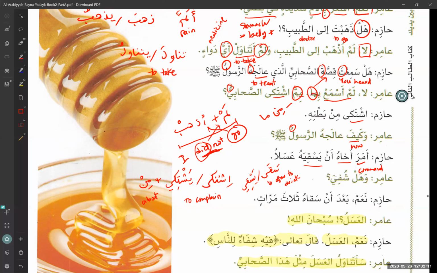Saqa has something to do with drinking. It could be coffee, tea, water, doesn't matter. It has to be something that you're offering to drink. And then asala. So we see that honey is considered a liquid because you drink it, you don't eat it.